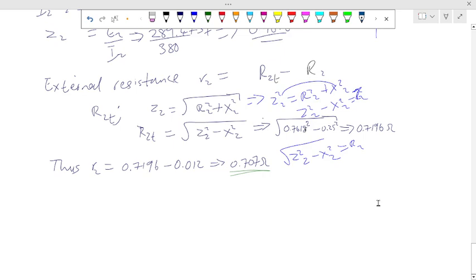Now I said I want to explain back, right? So we are in need of this, and this is what? The total minus what we have. Because if you remove what we have from the total, you will get the external. Simple as that. Okay, so all we did was to calculate for the total, which is this.